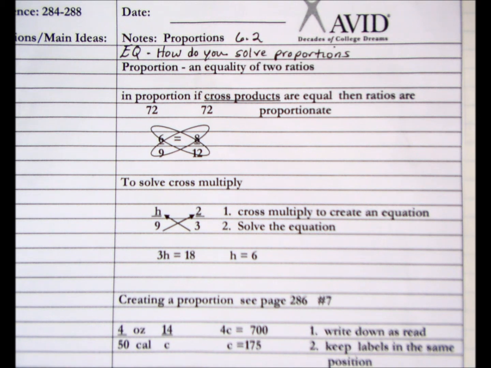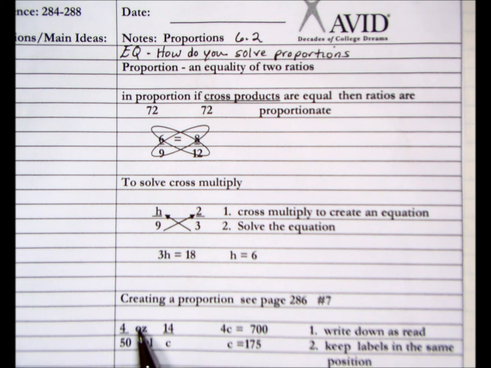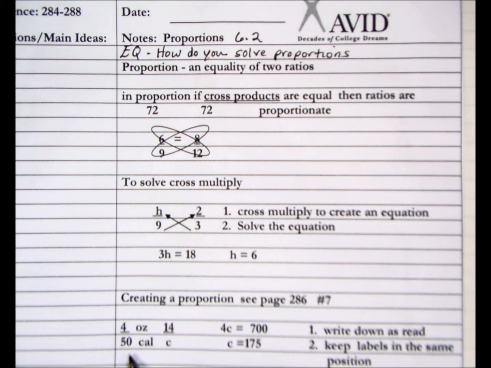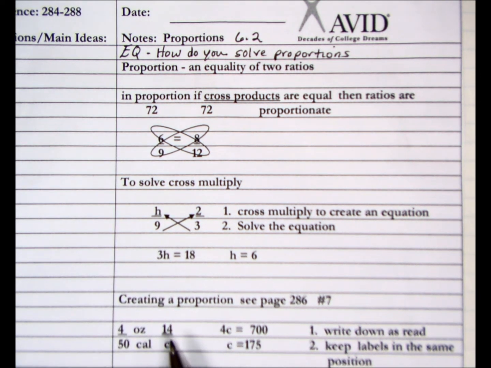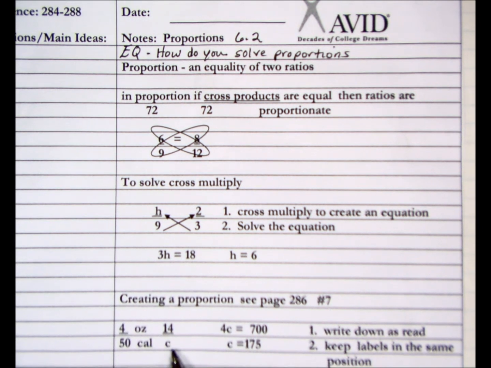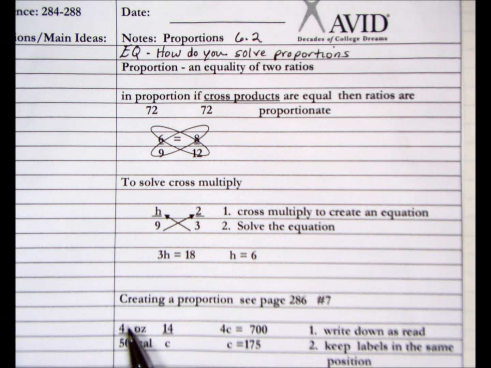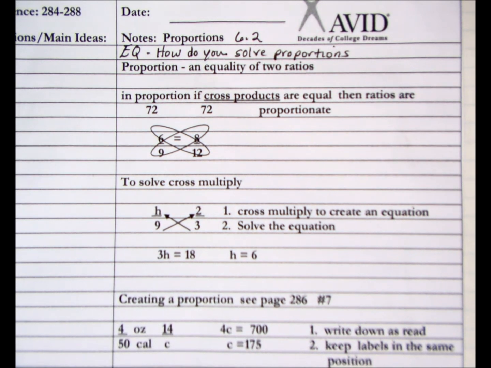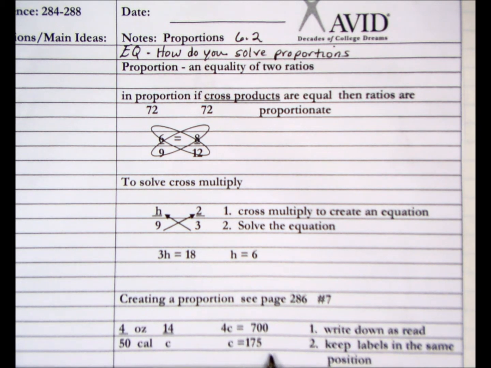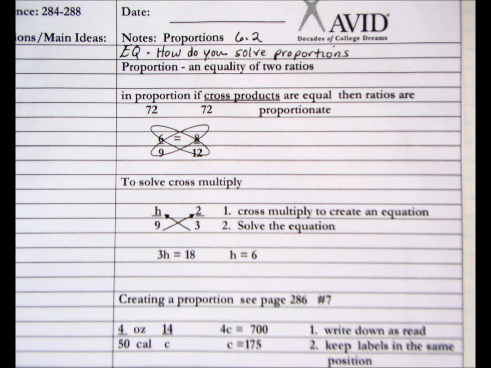So we set this up. 4 ounces contains 50 calories, and 14 ounces contains how many calories? And we use C for it. We cross multiply to create our equation. 4C is equal to 700. And then it was a multiplication equation, so we divided both sides by 4 and found out that there would be 175 calories in 14 ounces of juice.